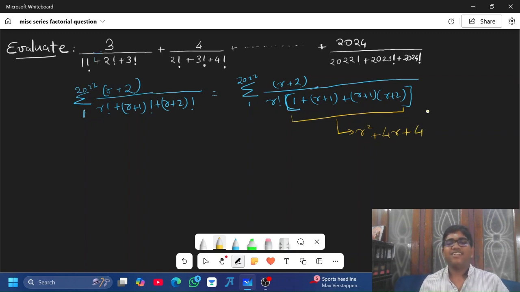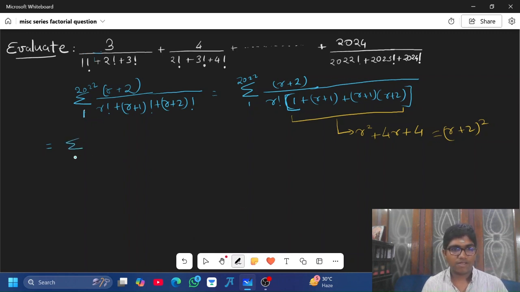See, this is beautiful because in the numerator we have r plus 2 and in the denominator it is turning out to be r plus 2 the whole square. So we are on the right track. Now let us try to simplify this further. It will be sigma 1 to 2022 of r plus 2 upon r factorial times (r plus 2) the whole square.